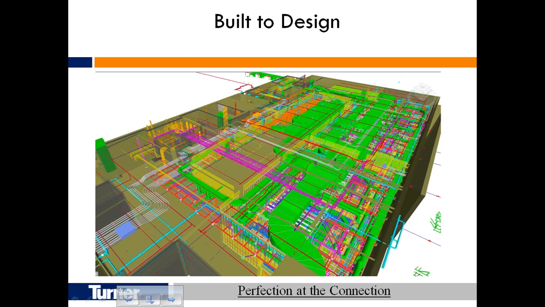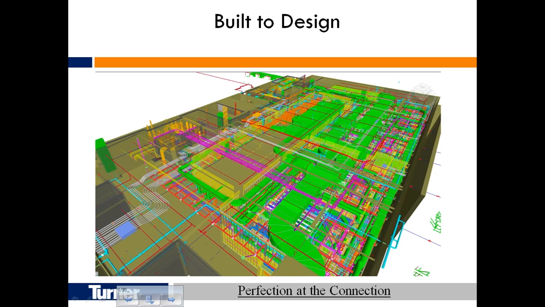This was the space when it was completed, and this is really what we see as the future. We call it built to design, perfection at the connection. When you think about it, as-builts are a measure of failure. It's either a failure of the construction team to match what the design was asking for, or a failure of the design to match what could actually be built.